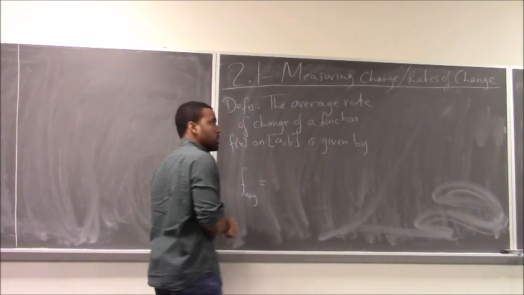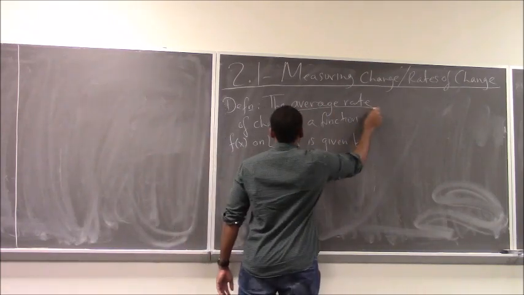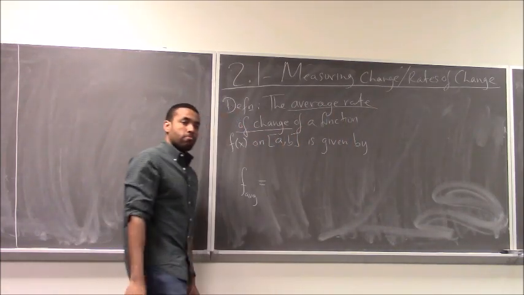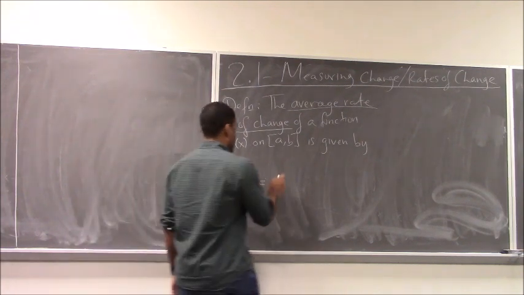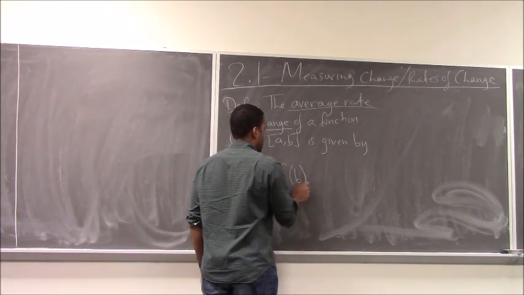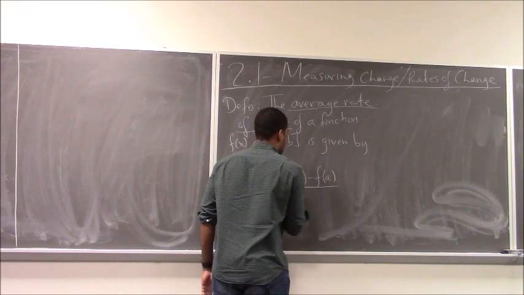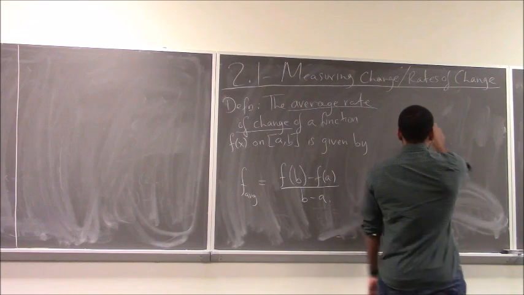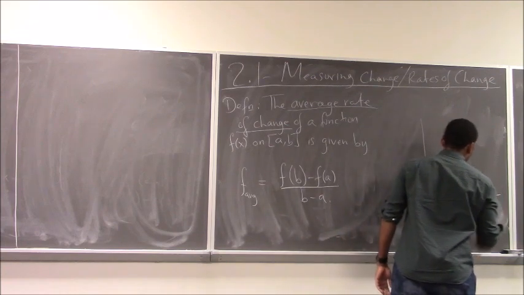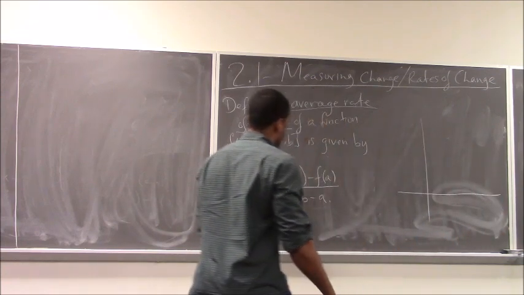Does anyone happen to know how to compute the average rate of change? Exactly. It's a difference quotient. So let's discuss this a little bit, what that actually means or what it would involve. Right, you can think about it.